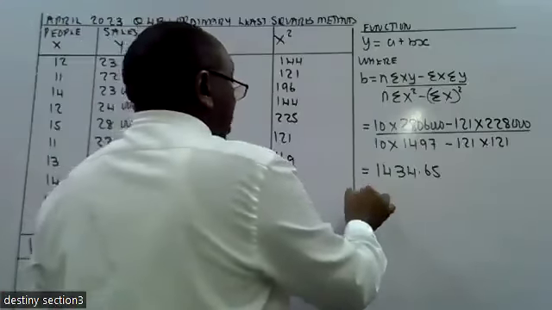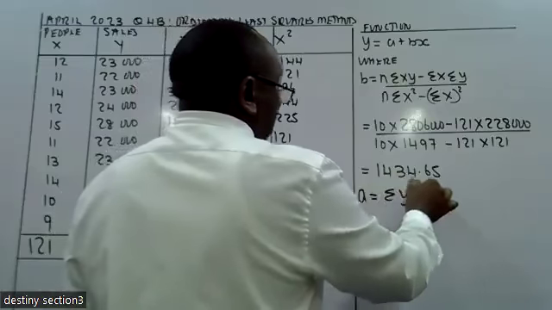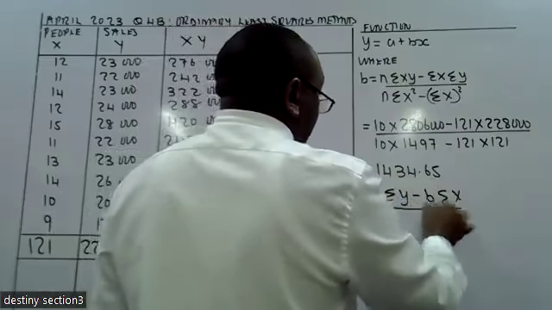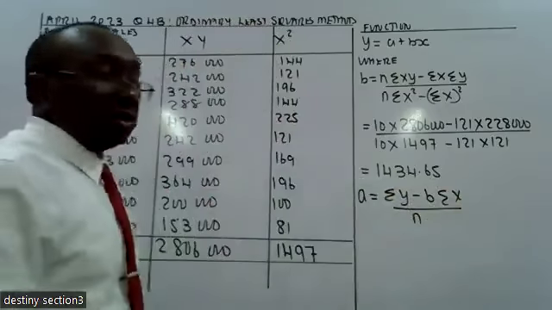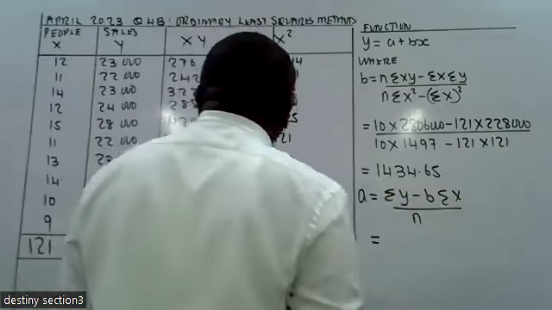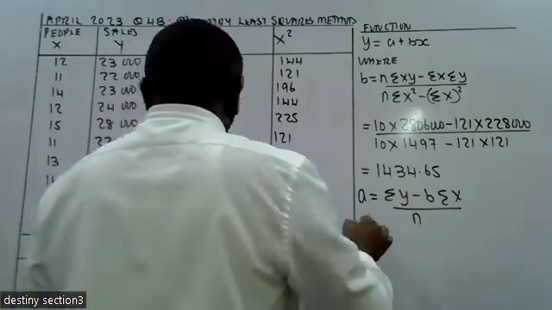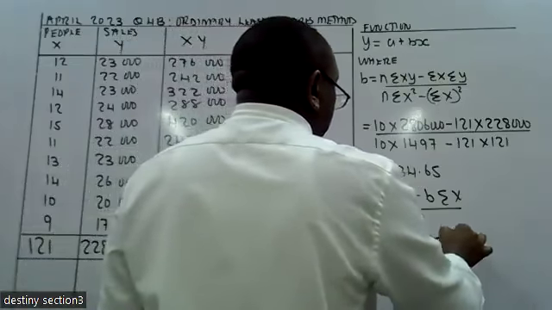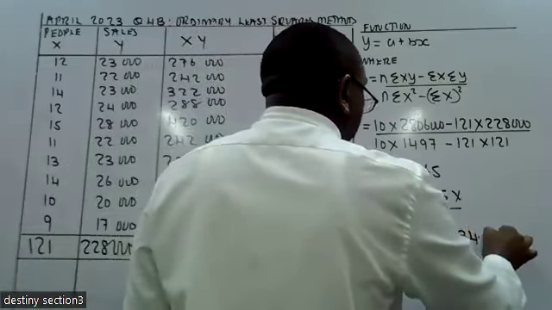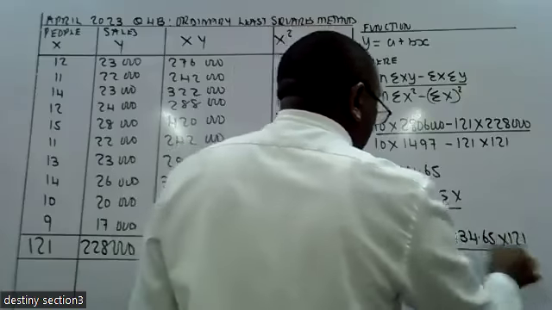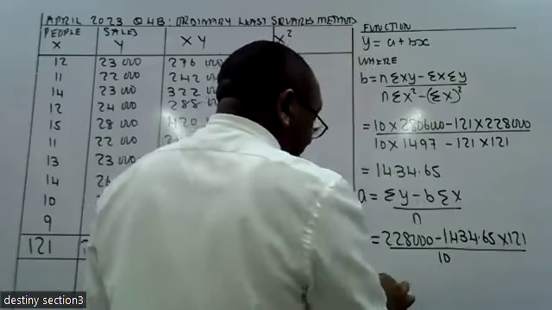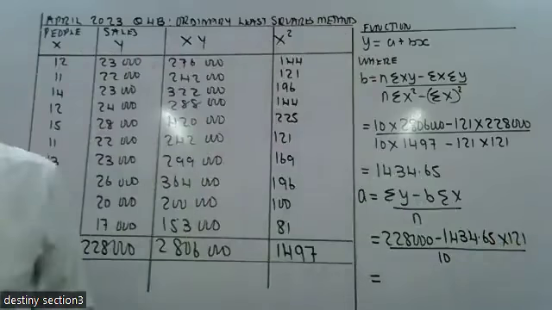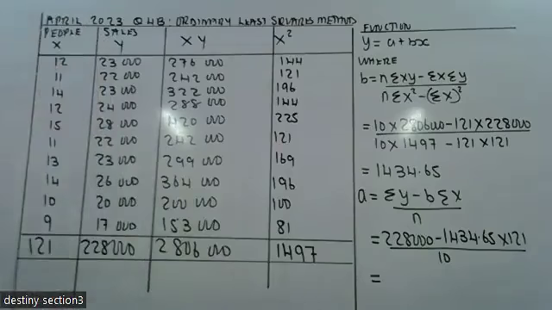So then A, we know is sum of y minus b sum of x, to divide by n. Now this will be sum of y is 228,000 minus 1434.65 times 121. You divide by 10.